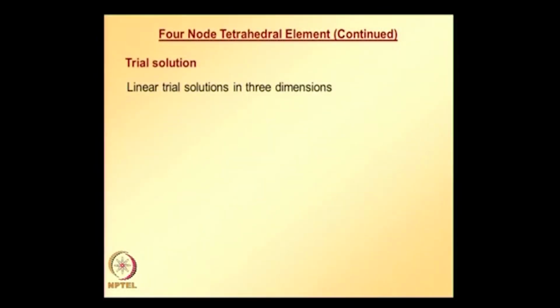So, trial solution, there are 4 nodes. Linear trial solution in 3 dimensions: u is equal to alpha 1 plus alpha 2 x plus alpha 3 y plus alpha 4 z.